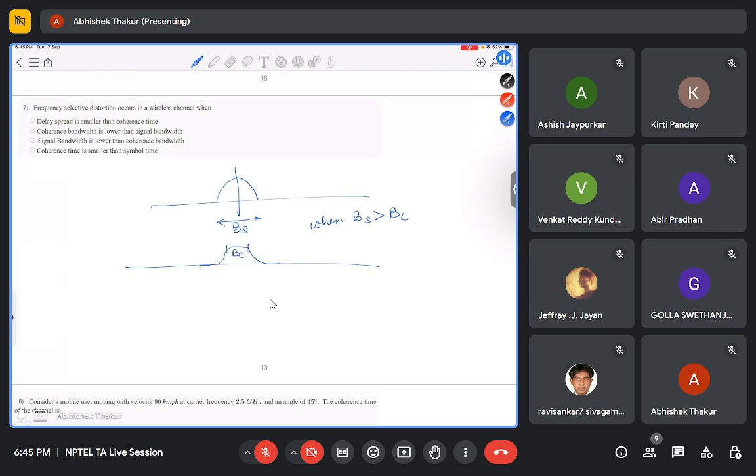So coherence bandwidth is lower than the signal bandwidth. So option B is the correct answer for this question. And when this happens, then distortion occurs, which leads to ISI, intersymbol interference.